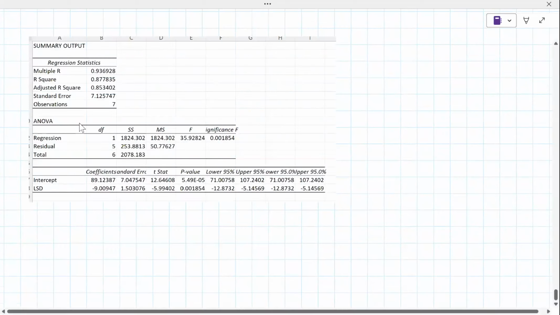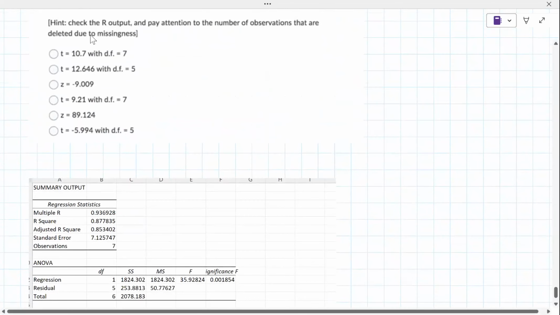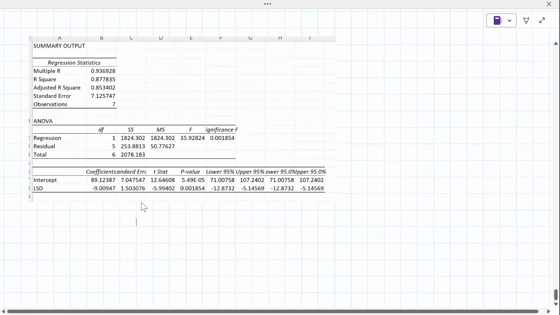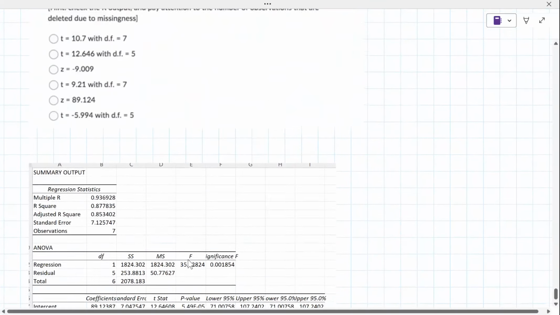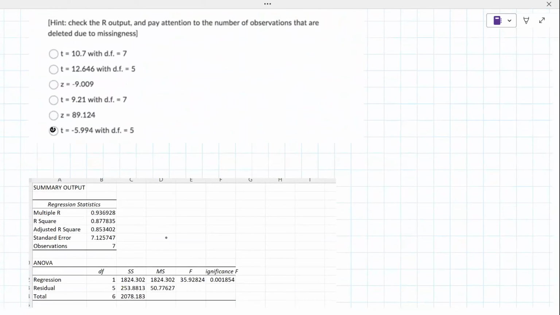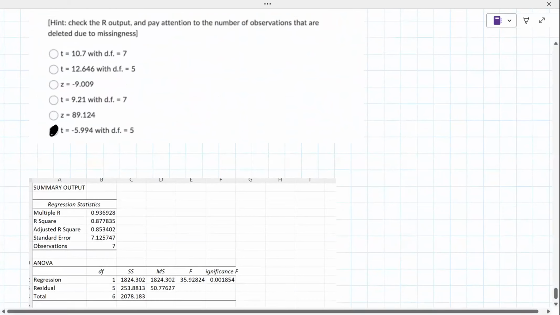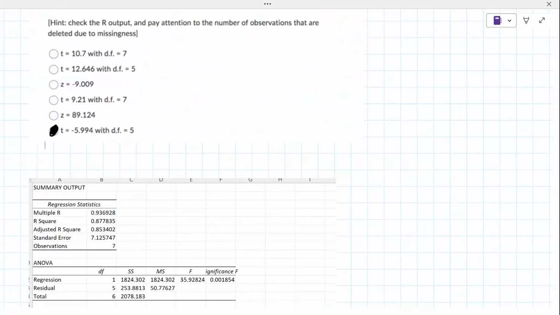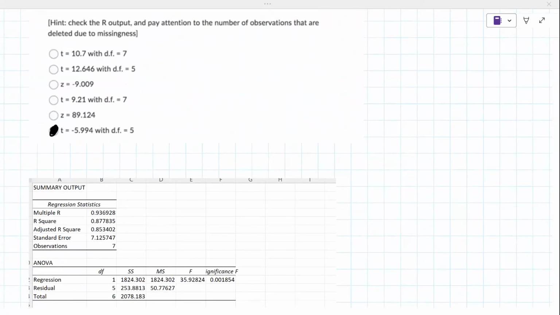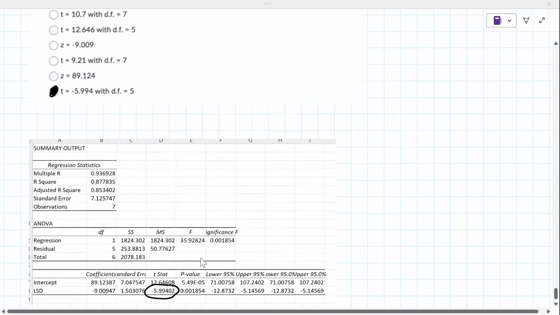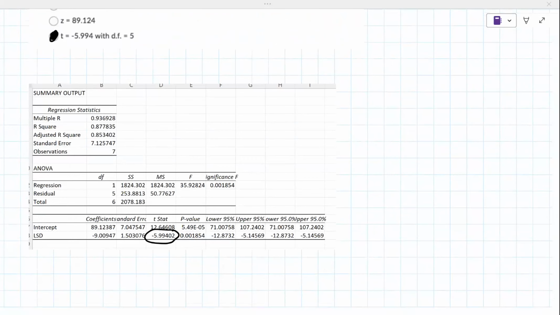All right. For this question, what they're asking for is the t-stat of the LSD, which is right there, the minus 5.99. Next question, p-value, 0.0 is consistent. Yeah, we got the same p-value.